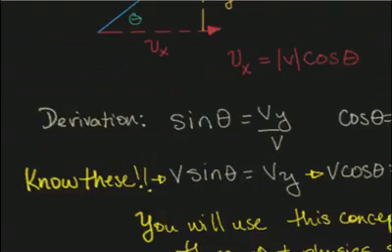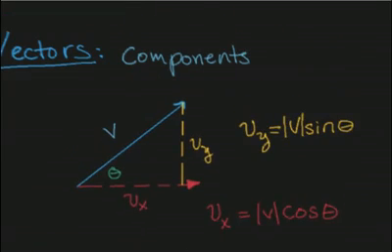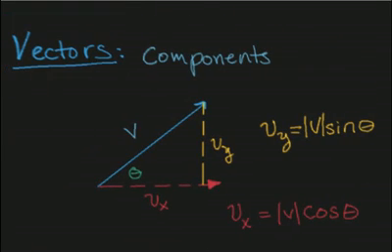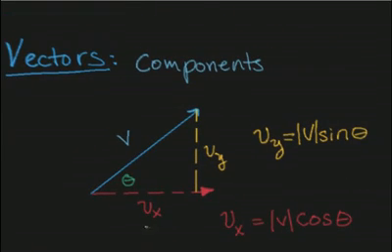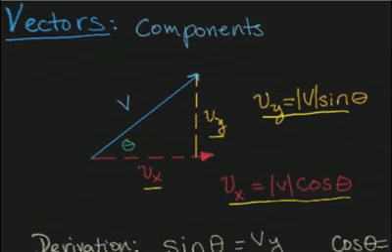Well, let's look. Each vector you have can be broken down into components. There's going to be an x component and a y component. How do you get each one? Well, these are the formulas for them, but it's easier to understand where they came from instead of just memorizing formulas.